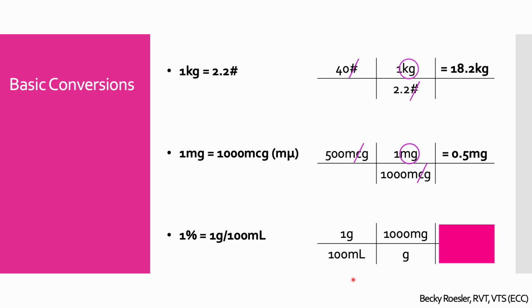We know that there's 1,000 milligrams in a gram, so we're going to place the grams accordingly so they cross off. So we have 1 times 1,000 divided by 100, and we're left with mgs per mil, and that gives us 10 mgs per mil. So remember, you're multiplying everything on the top line and dividing by everything on the bottom line.